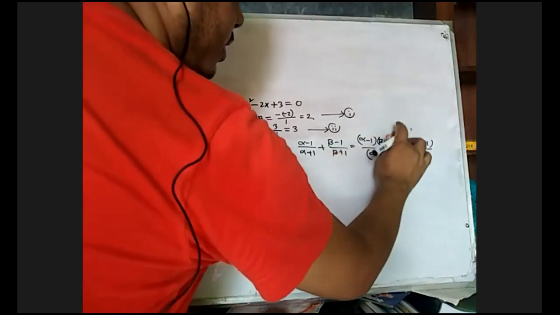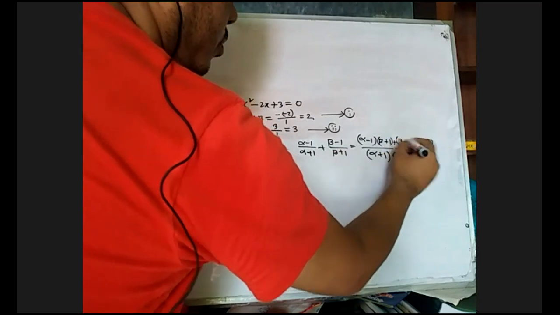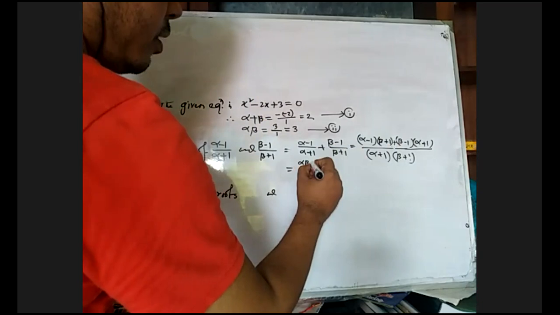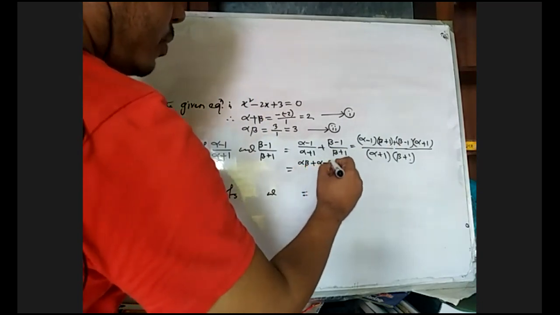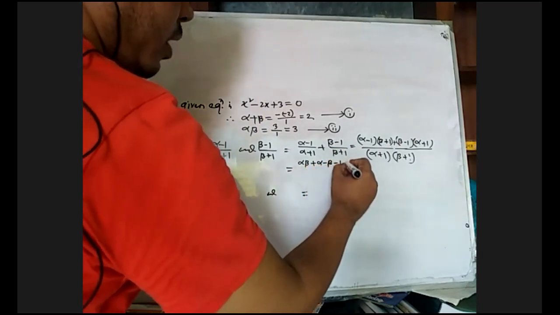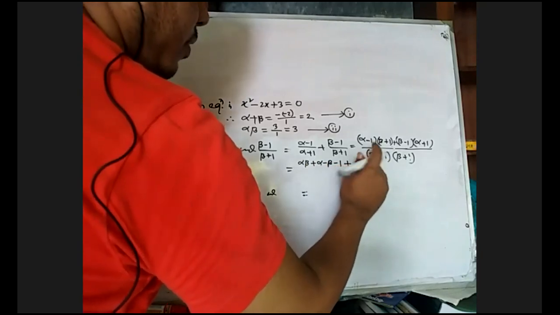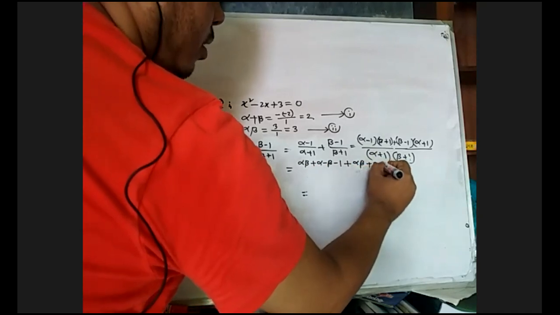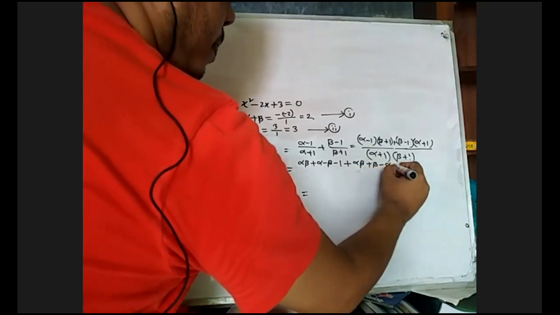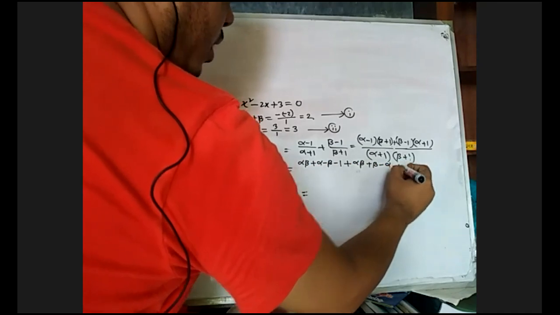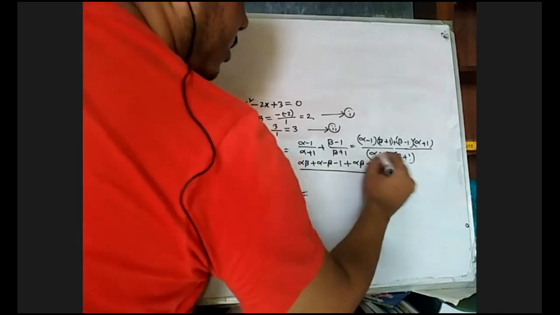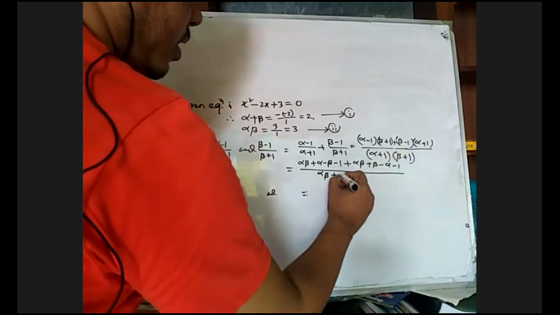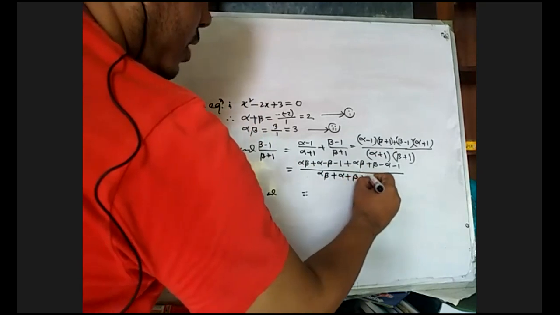Here will be plus sign, remember it. So just multiplication: alpha into beta plus alpha minus beta minus 1 plus alpha beta plus beta minus alpha minus 1. And the denominator multiplication will be alpha beta plus alpha plus beta plus 1.